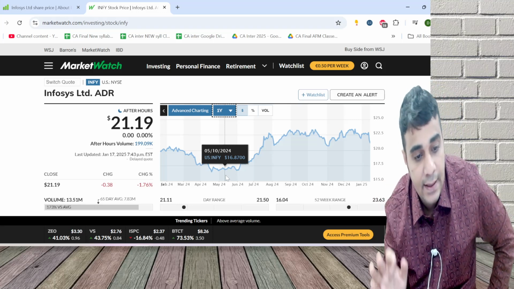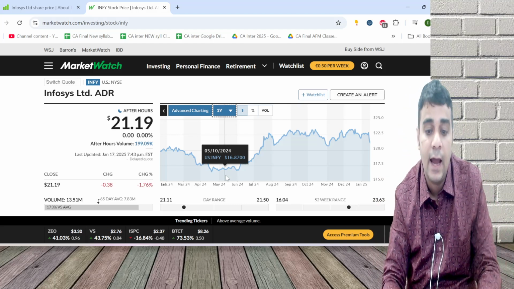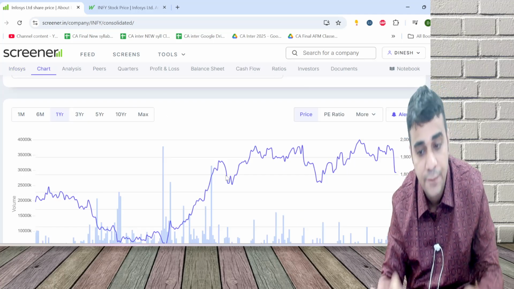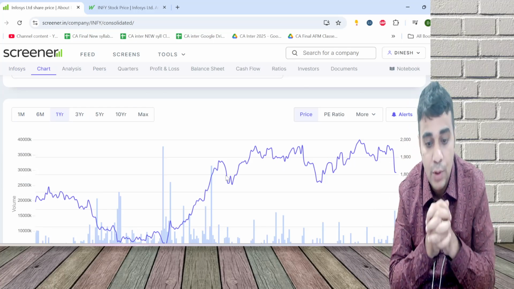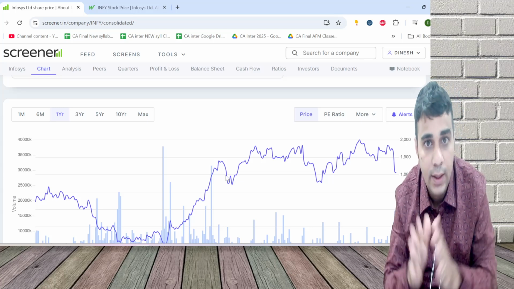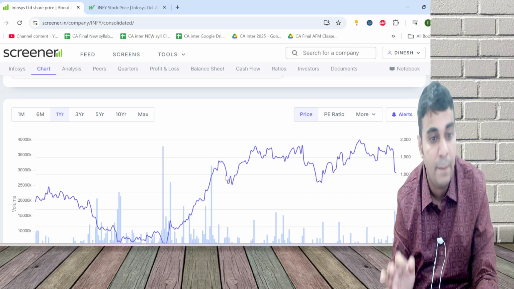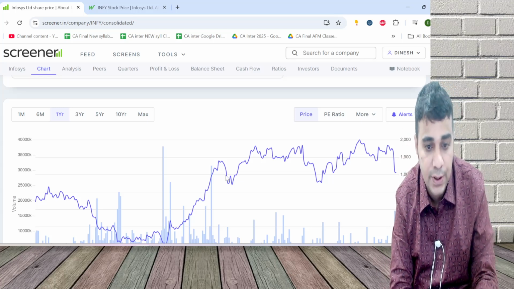The Infosys ADR listed in USA graph and the Infosys Limited listed in India graph are exactly the same, no change at all. This is one point I wanted to show with a practical example, so that you appreciate this product.